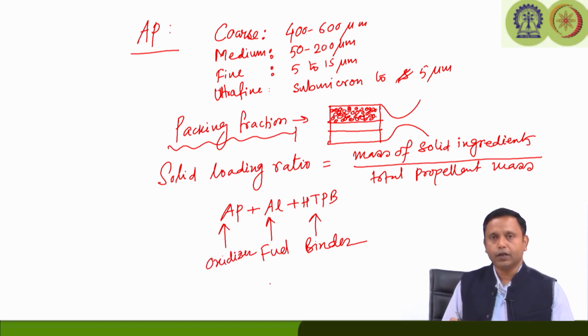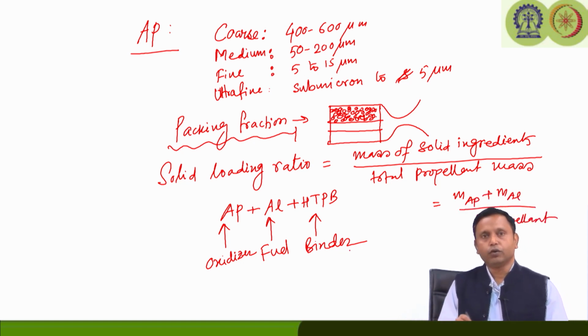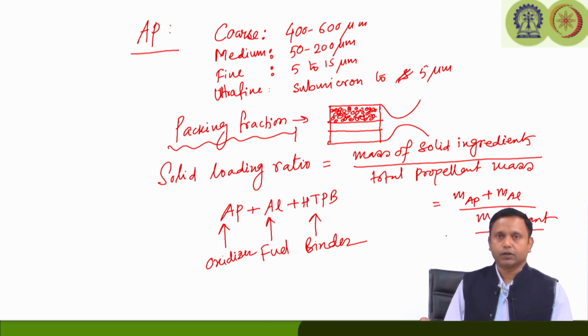Once we say the solid loading ratio, we are talking about the mass of ammonium perchlorate plus the mass of aluminum divided by the total propellant mass. So, if we are asked to find the solid loading ratio, we must add up the mass of ammonium perchlorate and the mass of aluminum particles and then divide by the total propellant mass. Okay.